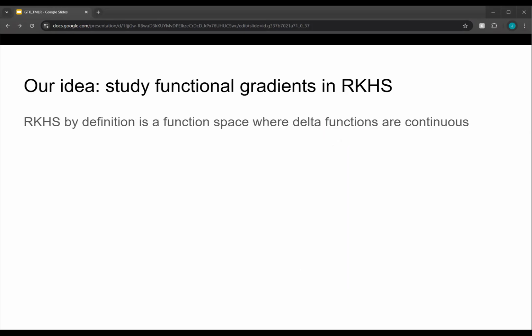The non-existence issue of natural functional gradients motivates us to study this problem in RKHS, which by definition is a function space where delta functions are continuous.